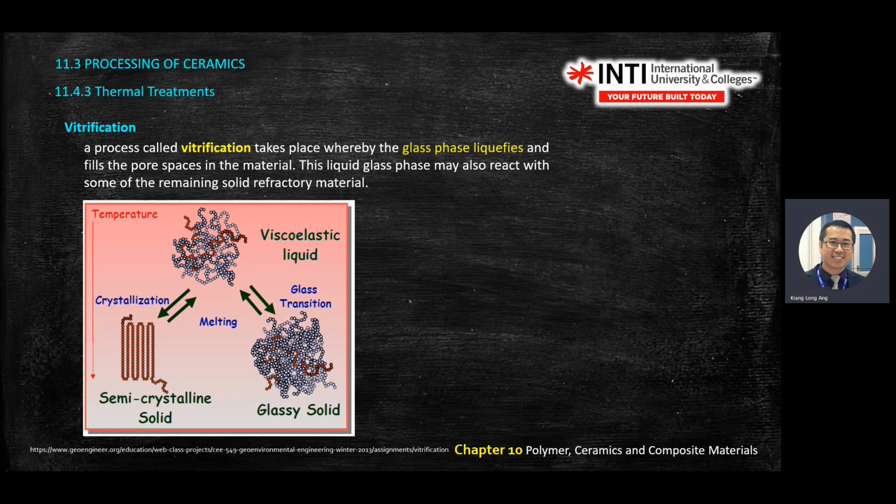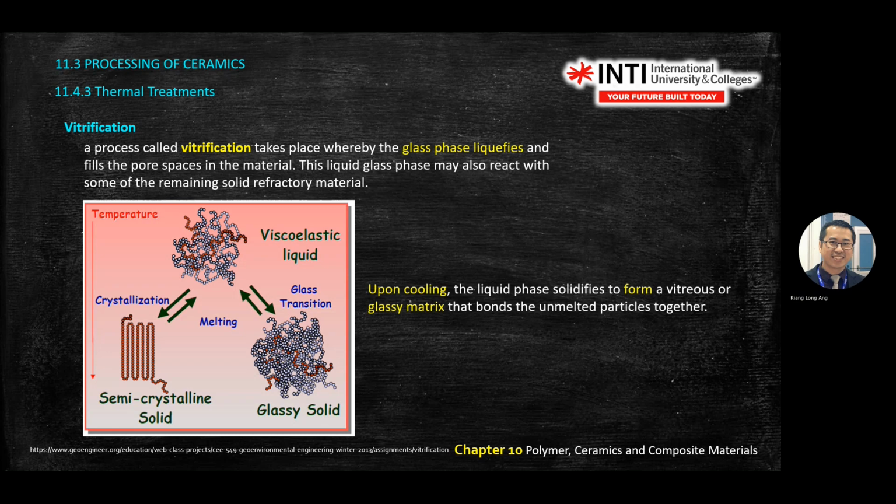You also have the glass transition. So you get either a semi-crystalline or a glassy solid. Vitrification is linked with the glass phase because you have silica, SiO2, inside. Silica is like glass. So when you melt it, you will form something like that.